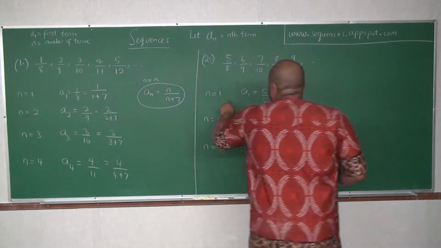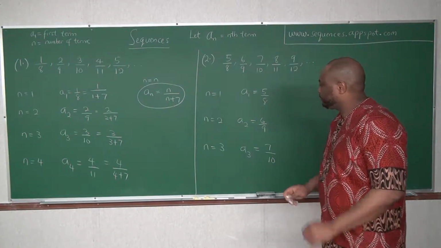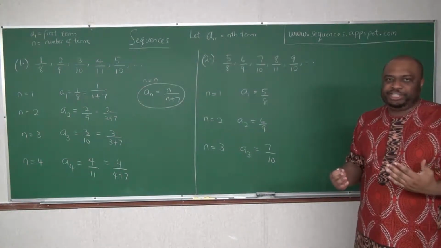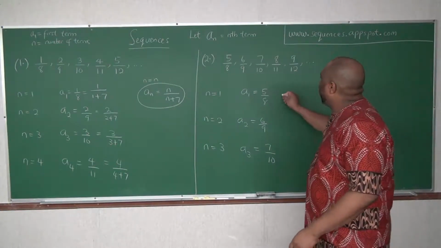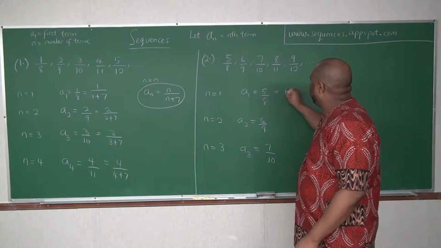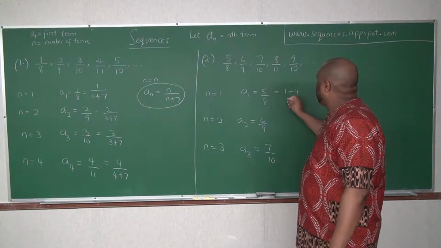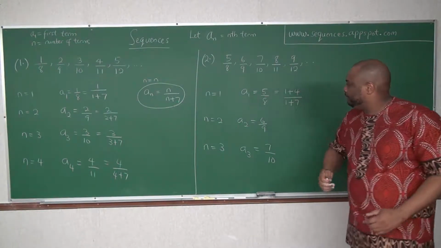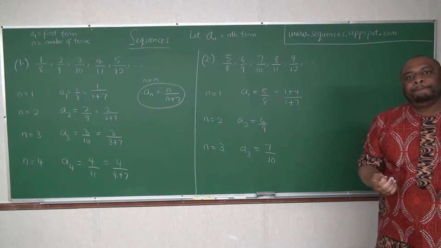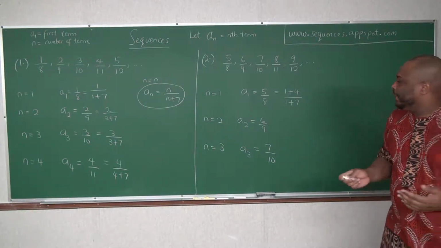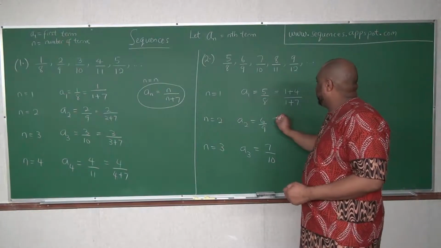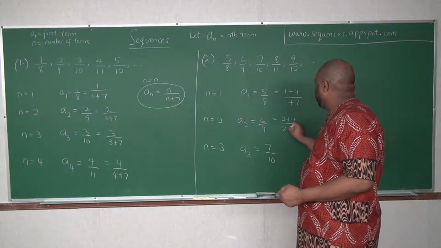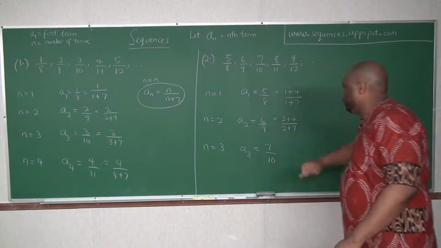So we try to see if we can find a relationship. 5 is 1 plus 4, and 8 is 1 plus 7. 6 is 2 plus 4, and 9 is 2 plus 7, when n is 2.